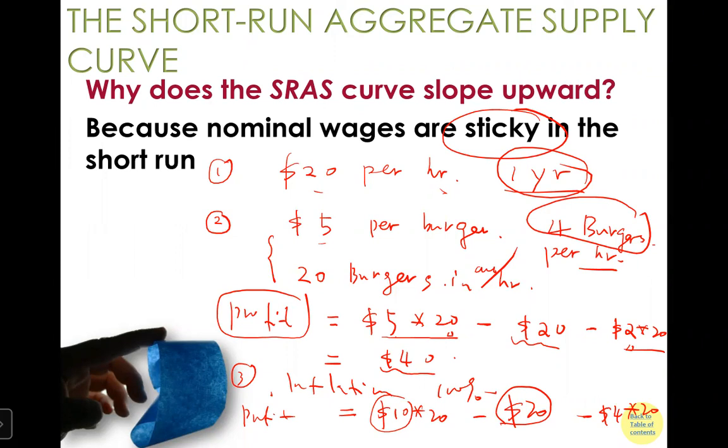But first look at what this means for the profit of the business. You can find out the profit is going to increase. I also want to highlight that the main reason the profit increases is largely the fixed nominal wage.